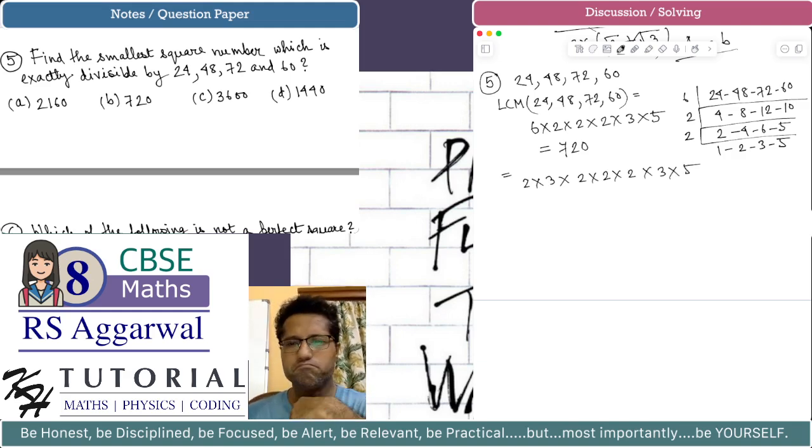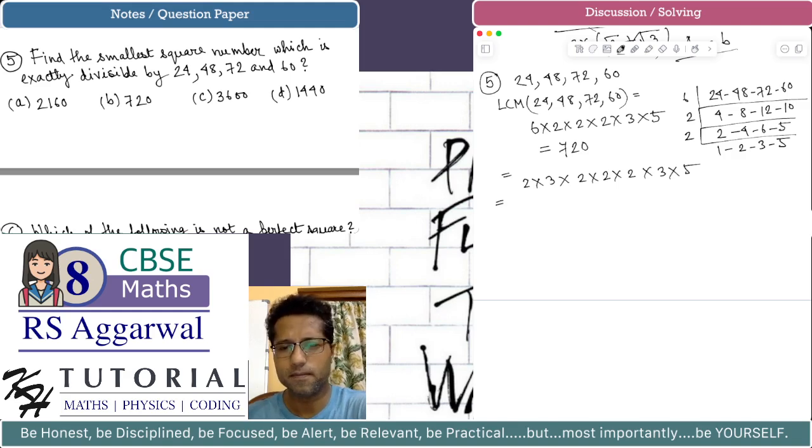How do we solve the problem which asks what is the least number that needs to be multiplied to a given number to make it a perfect square? We first find the prime factorization of that number, and then we try to form pairs of equal factors. We know the prime factorization of 720 is 2 into 3 into 2 into 2 into 2 into 3 into 5.